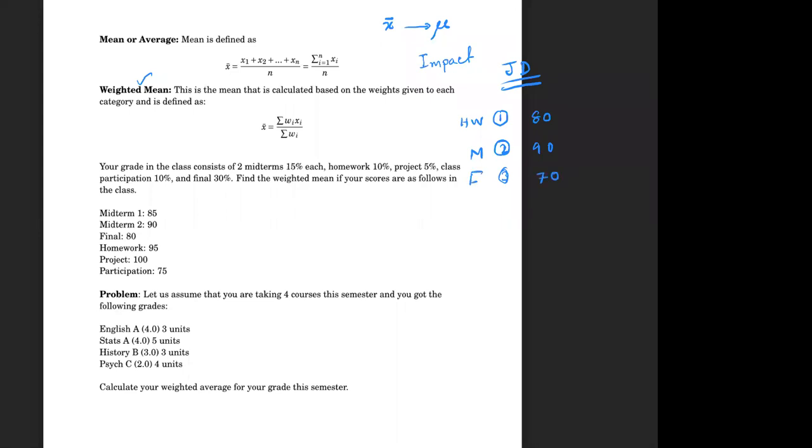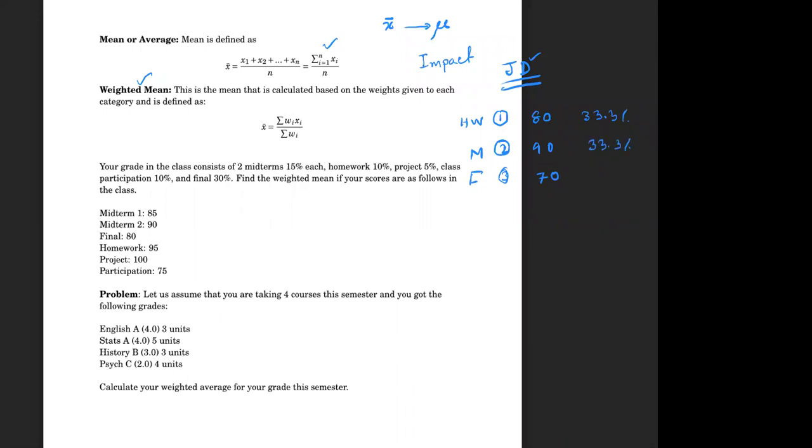What is John Doe's grade? Now, many students take these three numbers, add them and divide by 3. That's like finding this average. That is telling you, you have 3 categories, and each category is 33.3%.